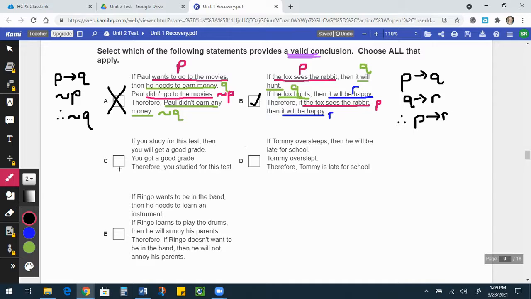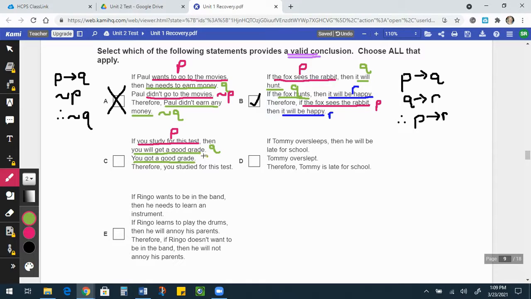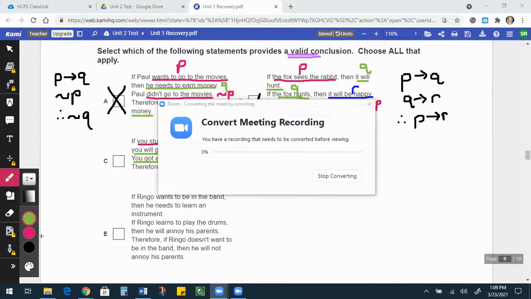All right, part C. If you study for the test is P, then you will get a good grade. Get a good grade is Q. You got a good grade. That's Q. Therefore, you studied for the test.